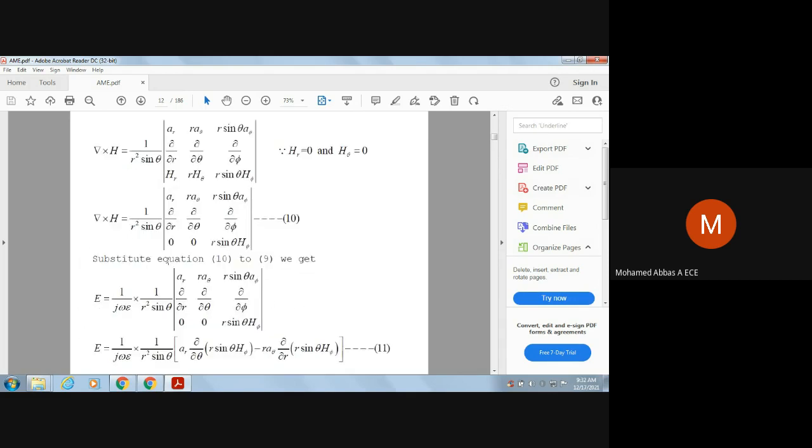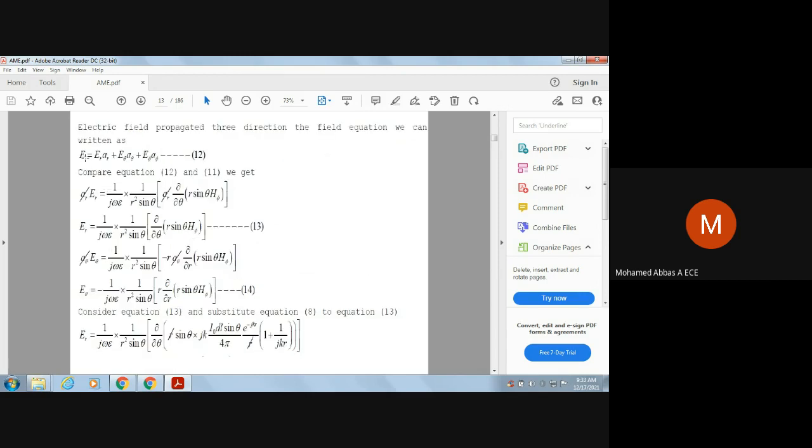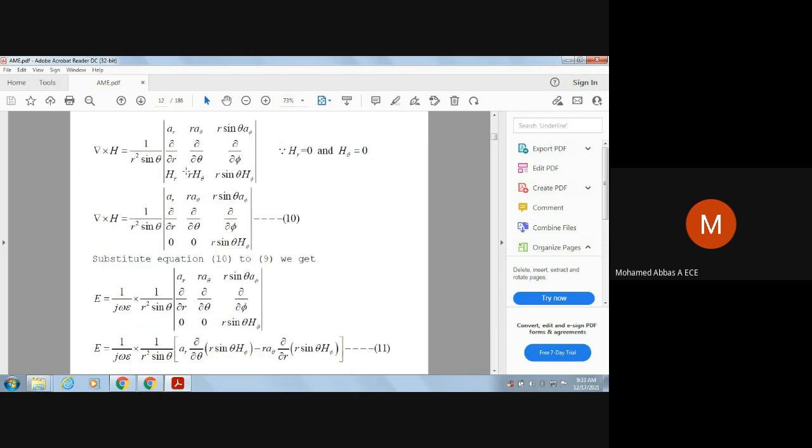Now we can expand E, that is E is equal to Er ar plus E theta a theta plus E phi a phi. This is equation number 12, and from equation number 11 you can see that there are two unit vectors, one is ar and the other is a theta.